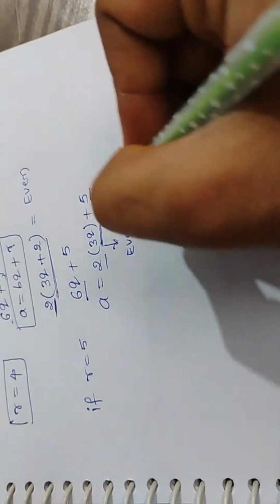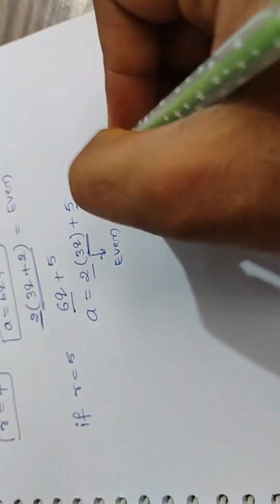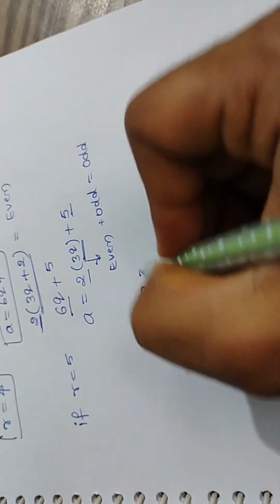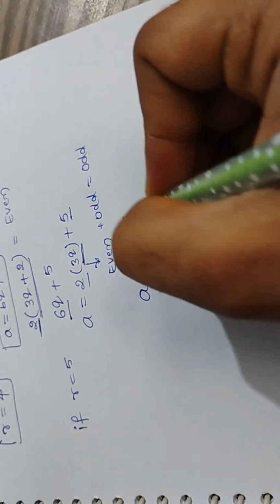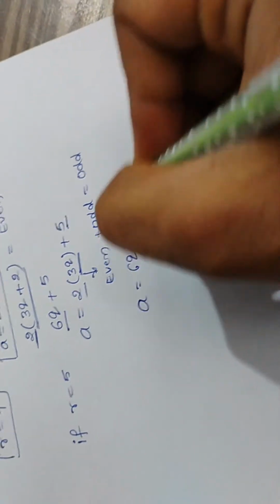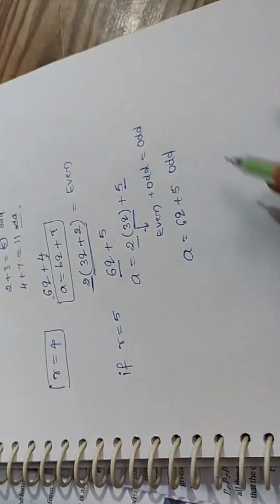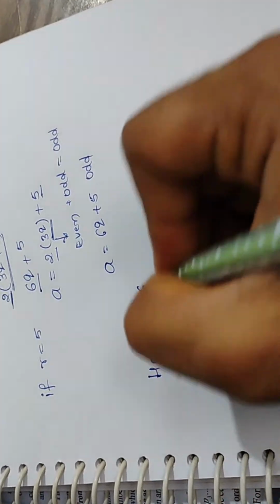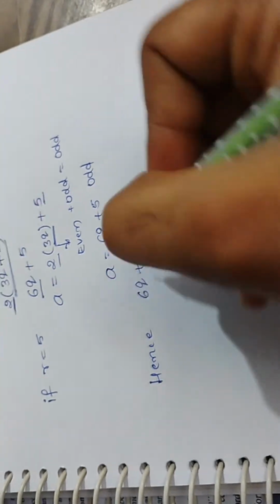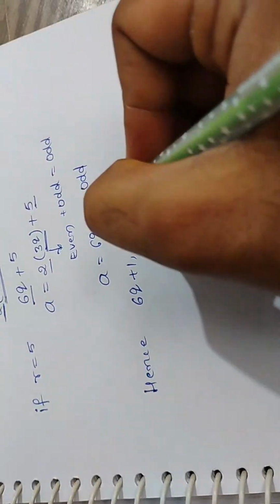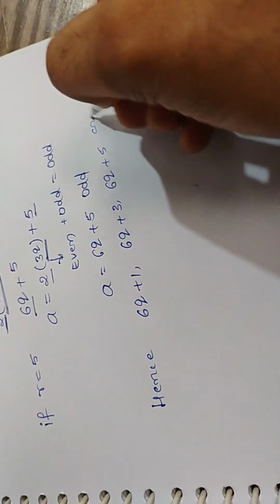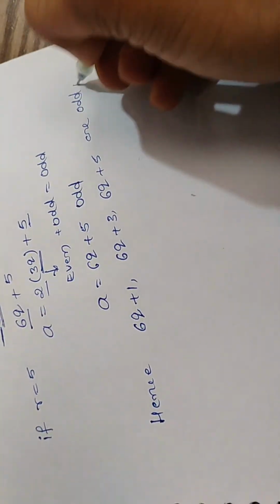Even plus odd, the result is odd. Then we can say a is equal to 6q plus 5 is odd. So hence we can say 6q plus 1, 6q plus 3, 6q plus 5 are the odd integers.